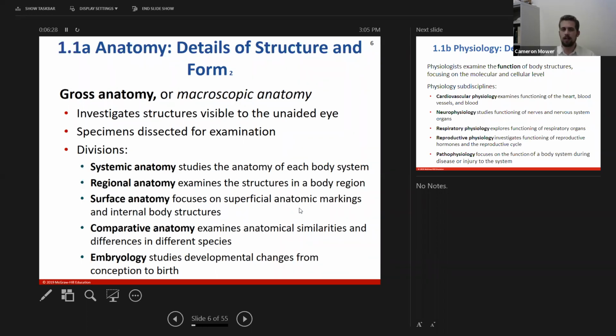But embryology sort of has a place all of its own because of the structures of the developing fetus, not all of the structures have developed until that fetus has developed all the way. And so embryology is looking at these different tissues and the development of those tissues, the development of the structures, and so on and so forth.